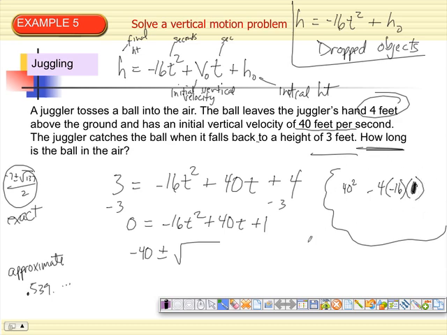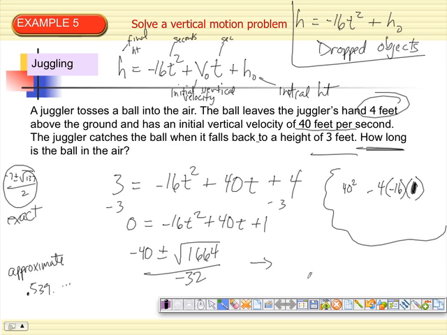If you put this in, what is your discriminant? 1664, all over 2a, negative 32. You don't need to simplify this only because we're approximating. Put this in your calculator: negative 40 plus root 1664, all divided by negative 32.